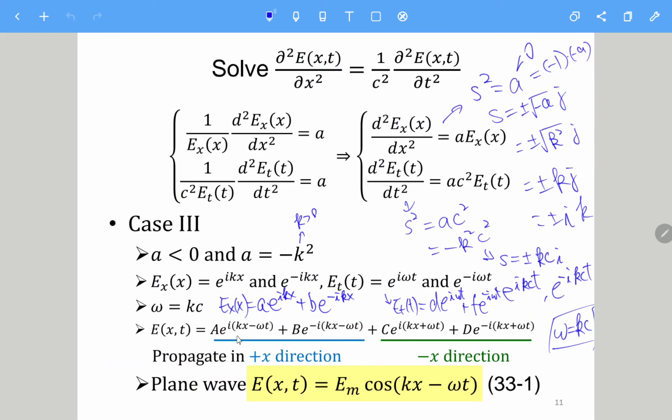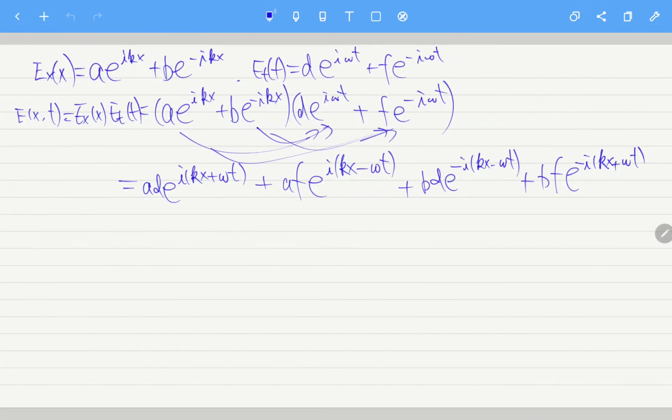But we try to reorder it. So we put this term here. Okay, this is a exponential to i(kx plus omega t), and then we put this one in the second place. So this is b exponential to negative i(kx plus omega t).